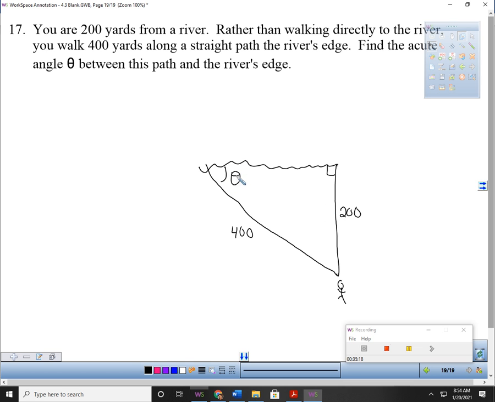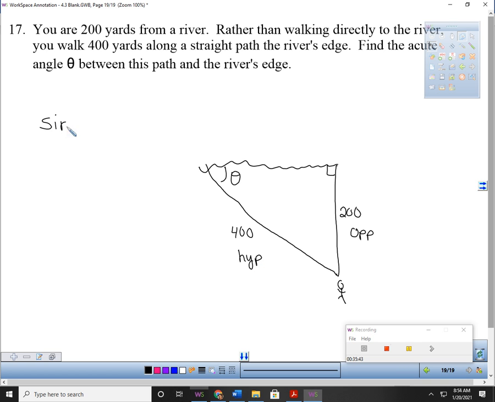So I don't know the angle, correct? But I do know the side that is opposite of that angle, and then this side represents the hypotenuse. So which one of your trig functions deals with opposite and hypotenuse? Sine.